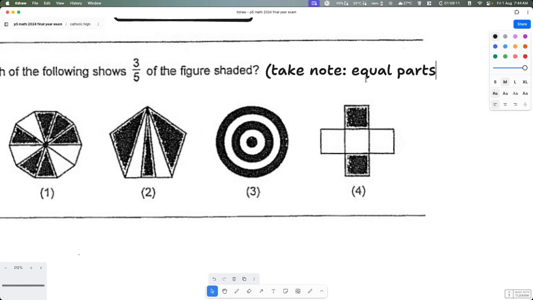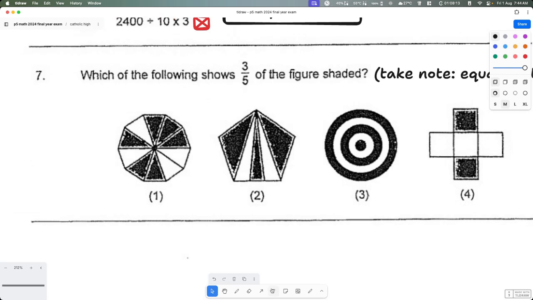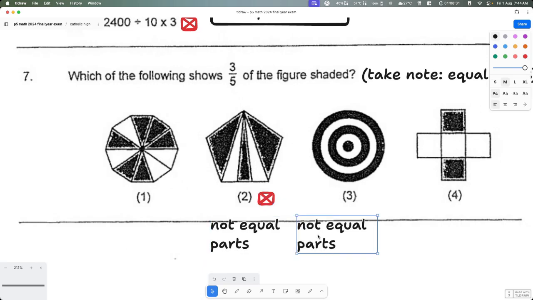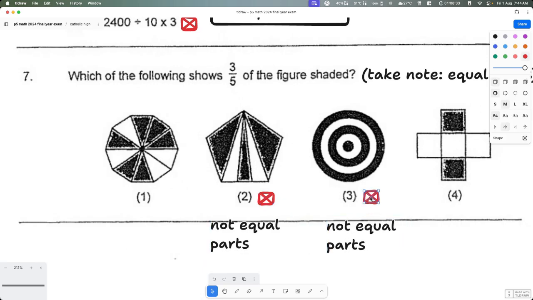Right? So in this case over here, number 2 does not have equal parts. So sadly, this should be wrong. So I'm going to copy this and paste it over here. 2 cannot. 3 also cannot because it's not equal parts. So we're going to put cancel here.